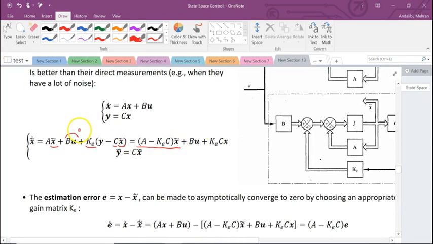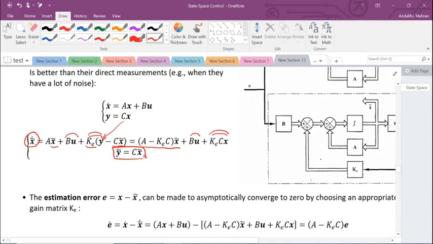And then the BU term stays, and then KE times Y, and Y is CX, is going to be this term here. Okay? So your X tilde dot is going to be A minus KEC times X tilde plus BU plus KECX. So this is the dynamics equation of the observer, and this is the output of the observer.